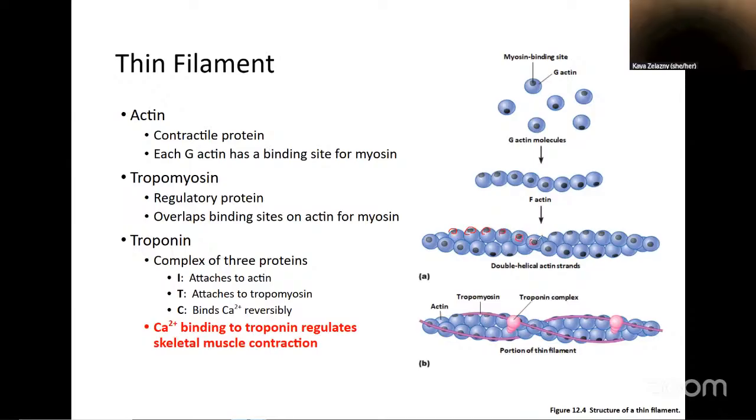This is going to be important because we have additional regulator molecules that are going to interact with these myosin binding sites and tell us whether we're able to grab hold of myosin or not.